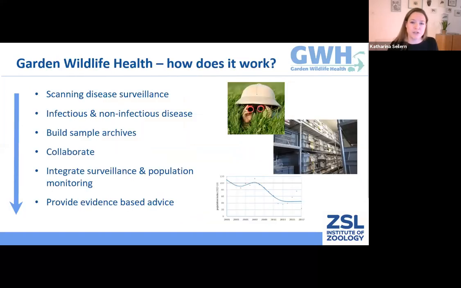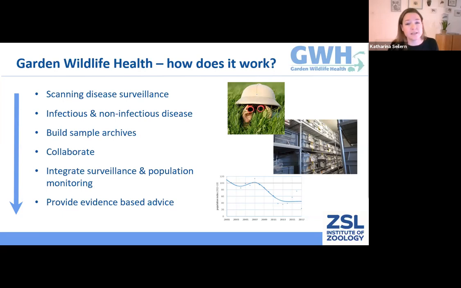So how does the project actually work? Here's a very brief schematic introduction into what we do, which I will explain in more detail in the following slides. With the help of the public, we undertake scanning surveillance for infectious as well as non-infectious diseases that are affecting wildlife in British gardens.